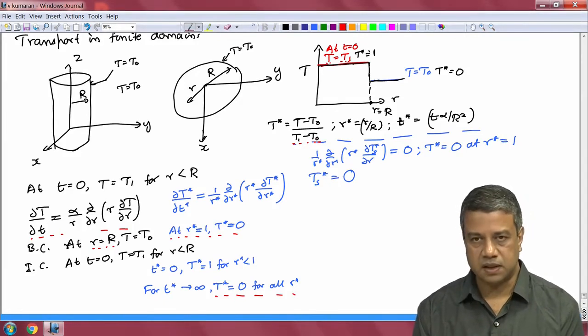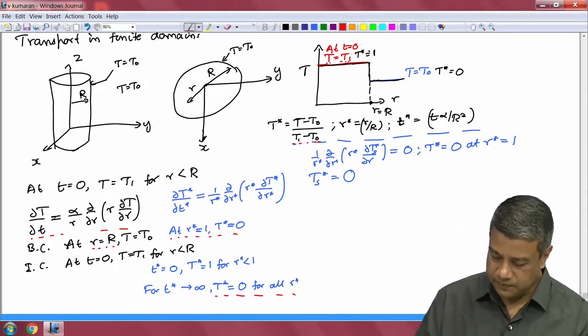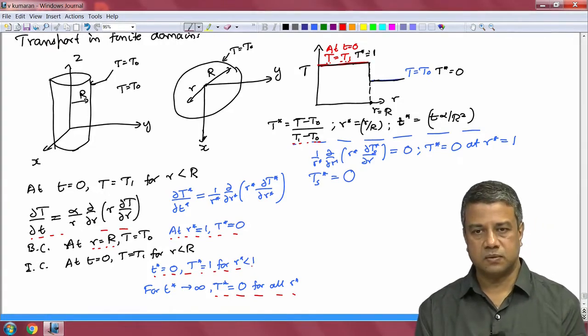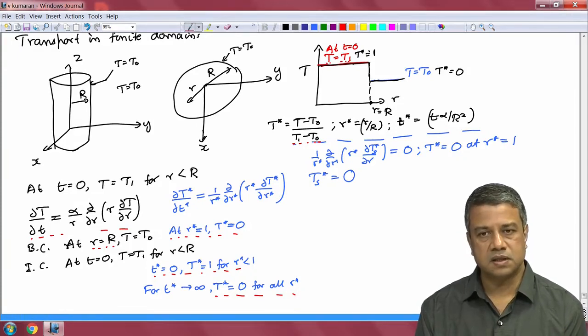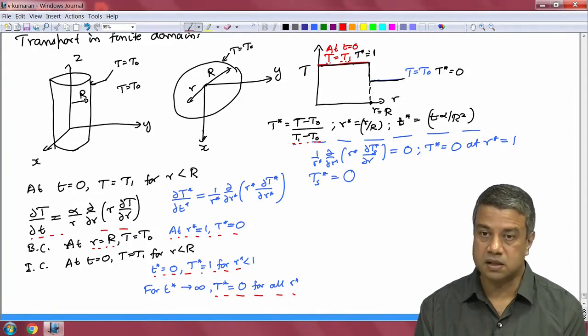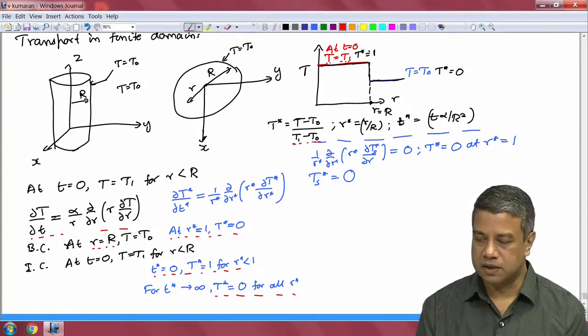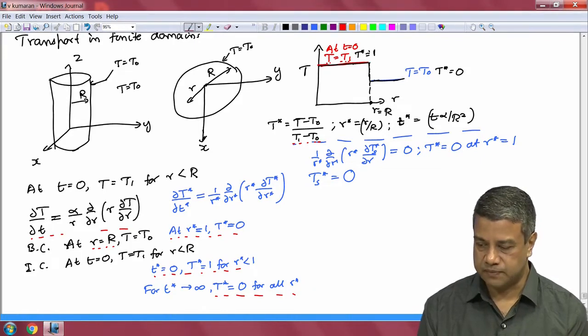Radius is scaled by the cylinder radius, of course, and at t equal to 0, for r star less than 1 within the cylinder, the temperature is the higher temperature T1, the initial uniform temperature of the cylinder. So, those were the boundary and initial conditions that we were going to use to solve this problem.